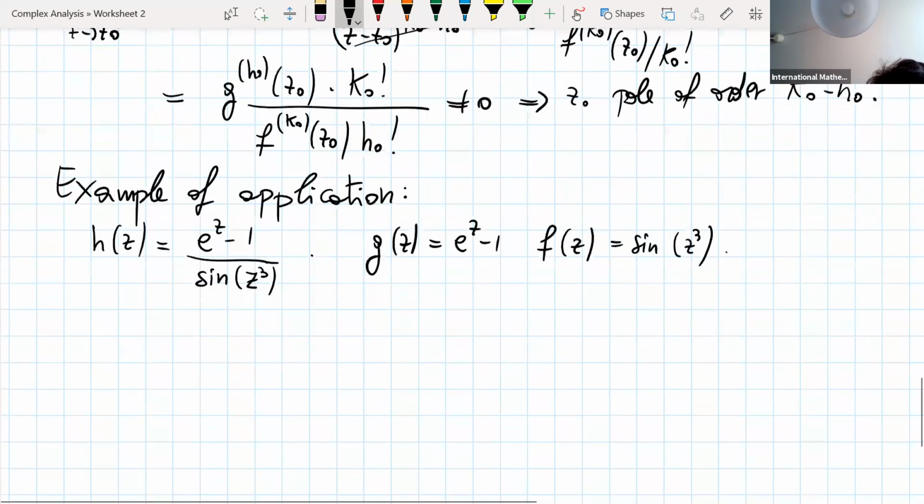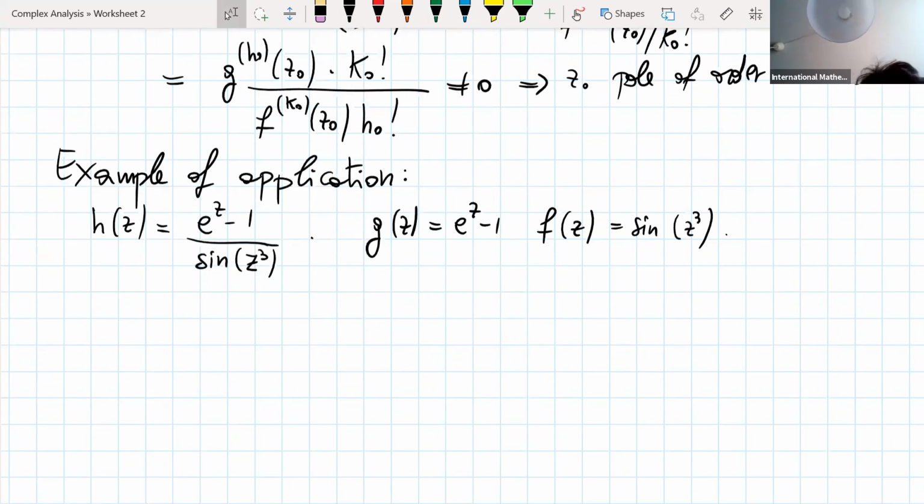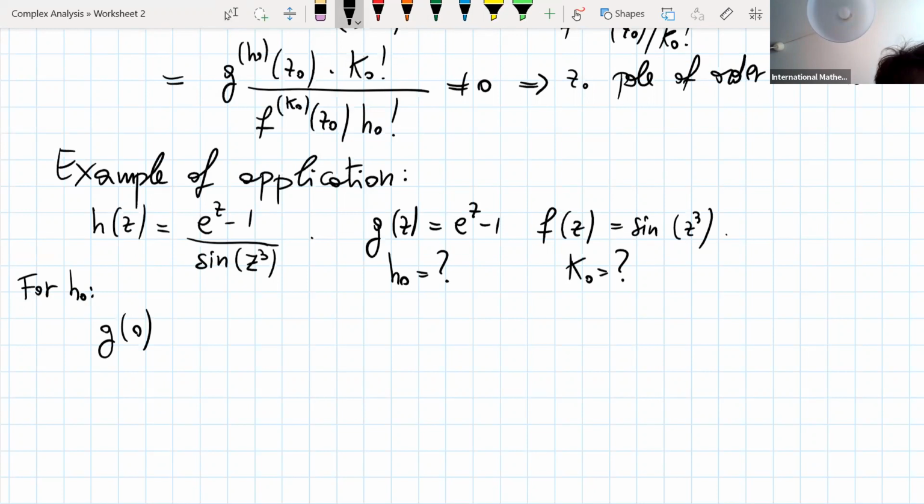So what are now the h0 and k0? So we start with h0, so g. We have to start computing g(0). And this is e to the 0 minus 1, this is 0.